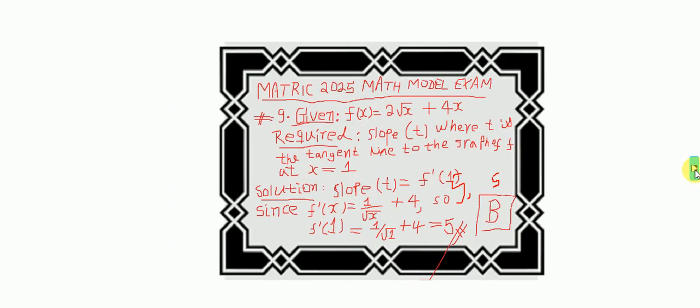So to find the slope of the tangent, one point is given, at x is equal to 1. So in order to solve this problem we have to use the derivative again. The slope of the tangent line for a certain function at a certain point is the derivative of that function at the given point. In our case, what is given?